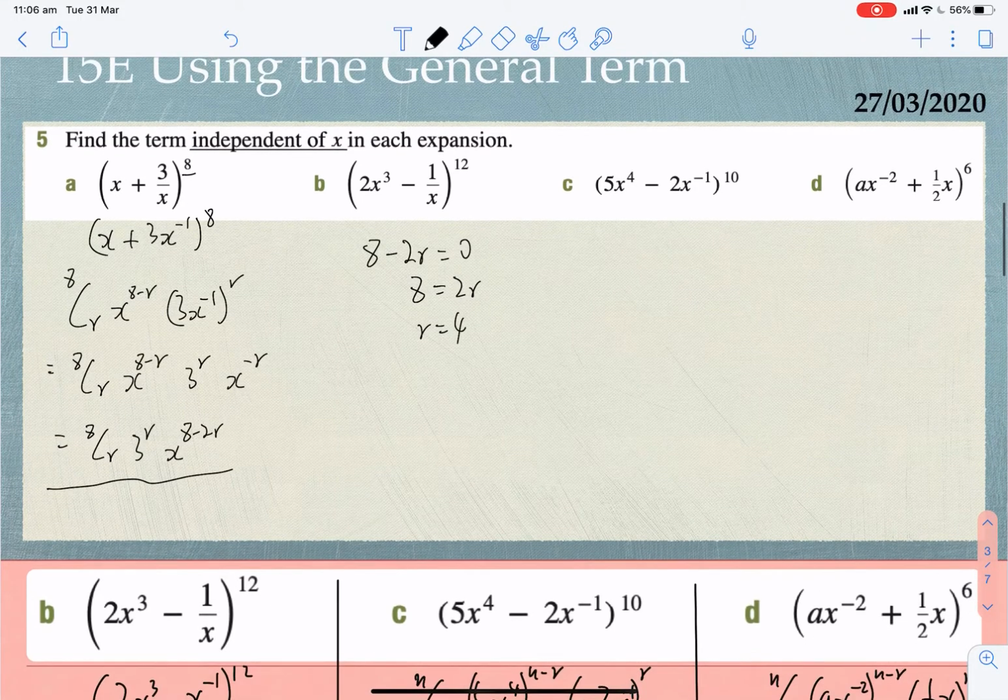So, we know what r is. We can solve the whole thing, yeah? So it's 8 choose 4, 3 to the power 4, x to the power 0, because we know that is 0. You can double check, but all we need to do is use the calculator. Let me get a calculator.